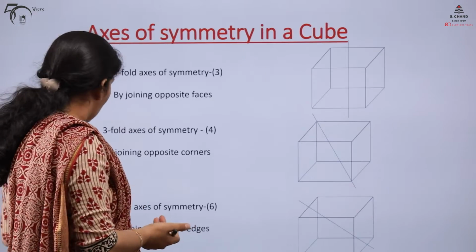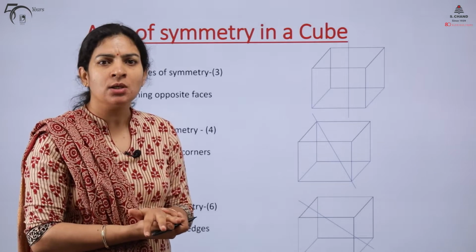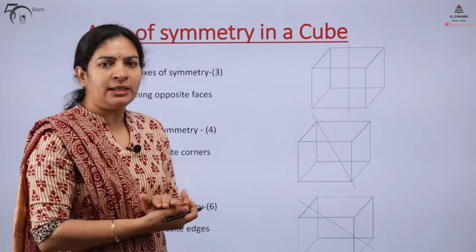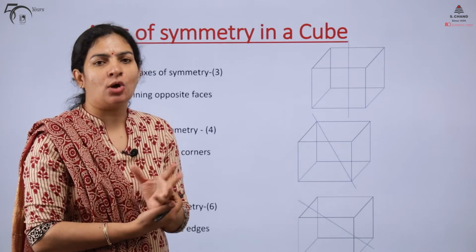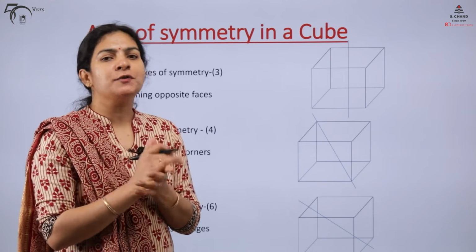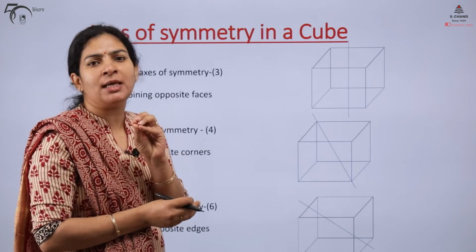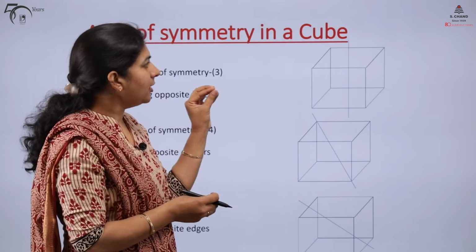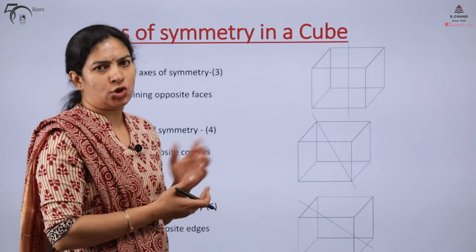Now since we are focusing today on solids, let us see what symmetry elements are present in solids. There are a variety of solids, but I will take the example of the simplest solid, the solid which exists in a cubic arrangement.